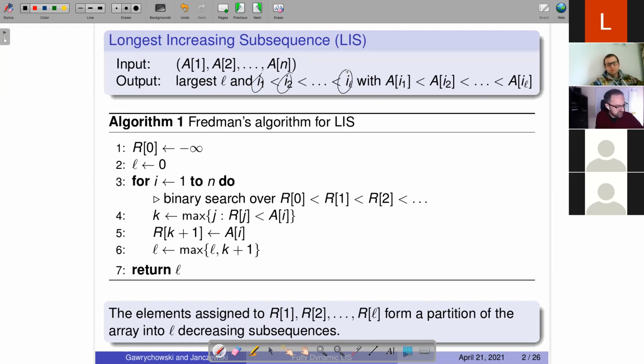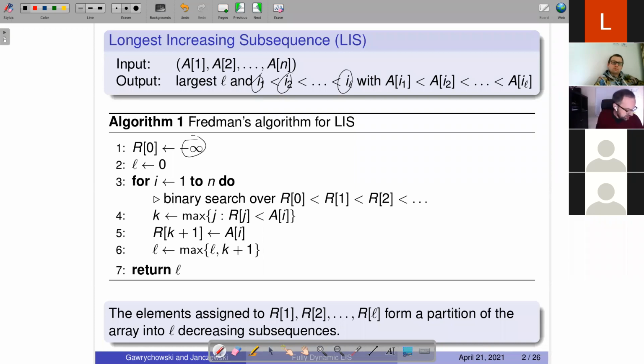We maintain an array. Initially, it has minus infinity in the first entry, well, the 0th entry. Then we go over the sequence, and we do binary searching over this array R, and then we update one entry. Probably you have seen this algorithm.